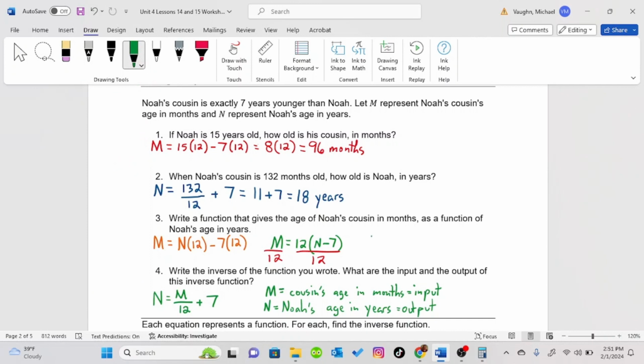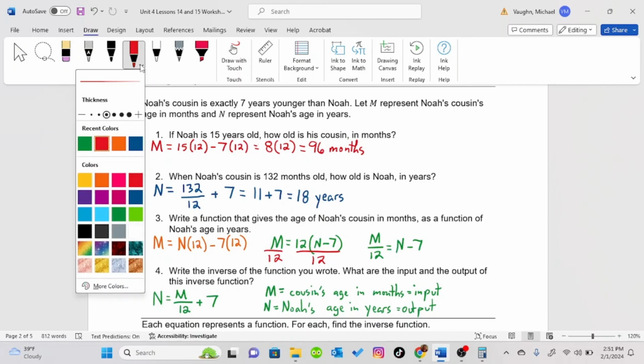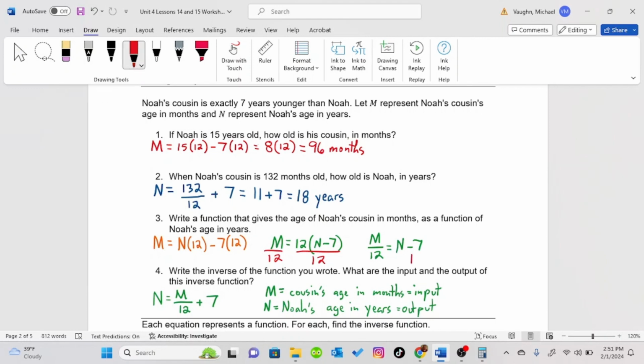And this becomes M divided by 12 equals N minus 7. Then I just add 7 to both sides. And we end up with N equals M divided by 12 plus 7, which is what I wrote for number 4.